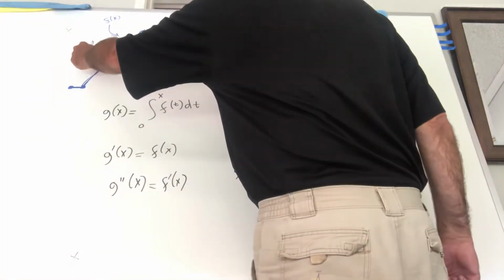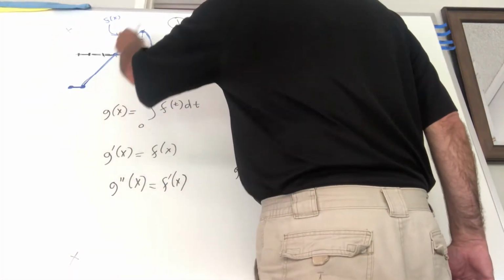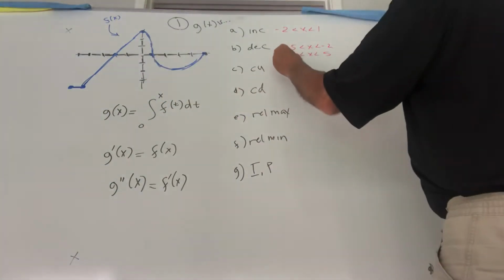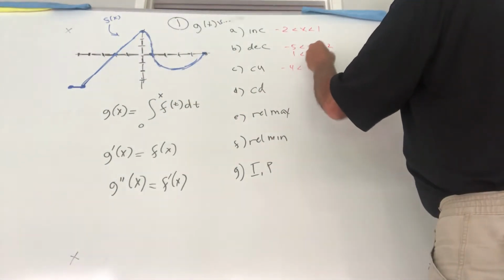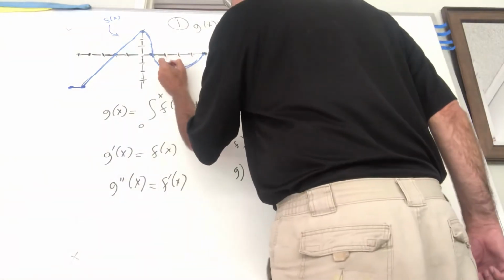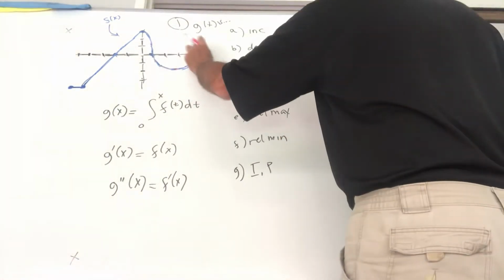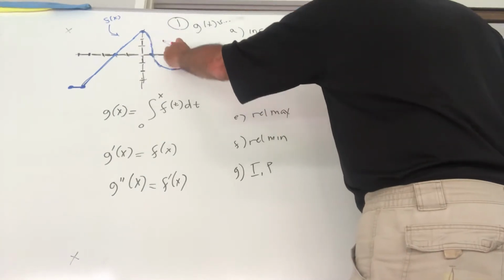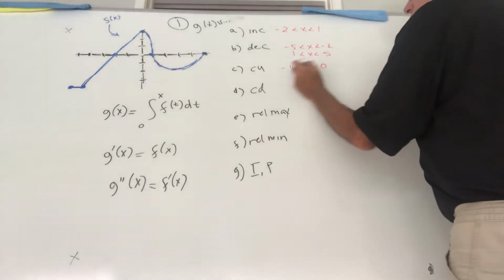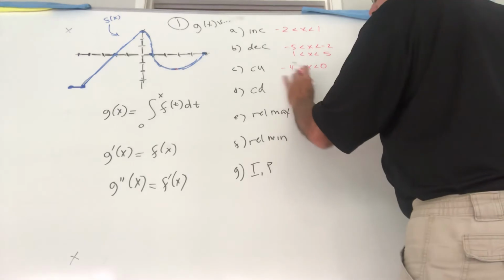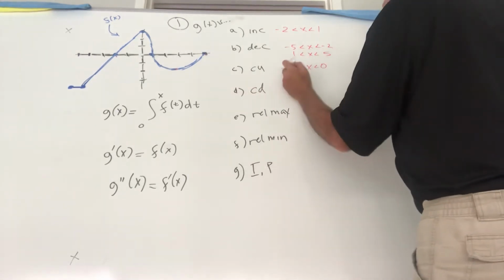So it's increasing here from -4 to 0. And because it's a half circle, we know it's going to be the halfway point between 1 and 5, which is 3. Sorry, 3 to 5.